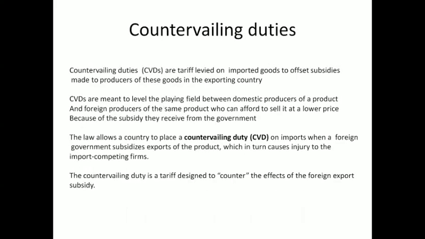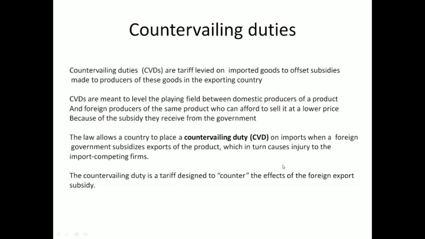Now we'll be discussing countervailing duties. Countervailing duties, or CVDs, are tariffs levied on imported goods to offset subsidies made to producers of these goods in the exporting country.